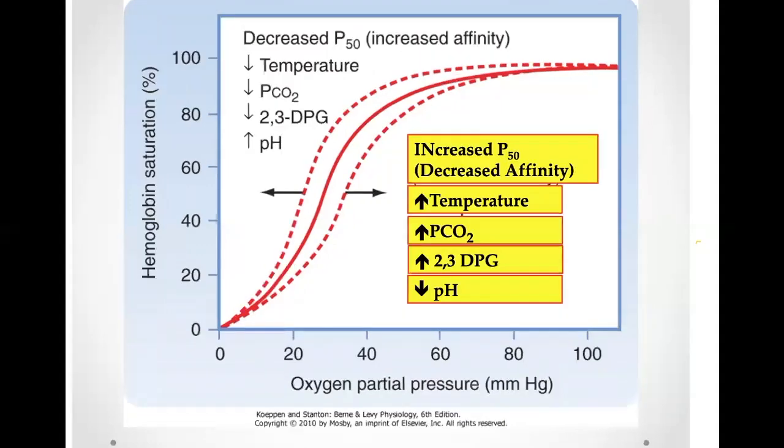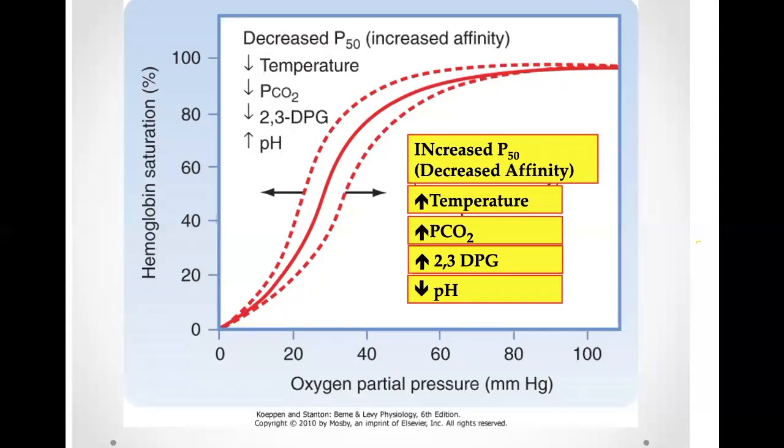Now, in addition to that, memorize what's in the yellow box. Okay, so increased P50, decreased affinity. So whenever there's decreased affinity or conditions where oxygen is not adequate, the curve will shift to the right such that more oxygen is made readily available to your peripheral tissues.